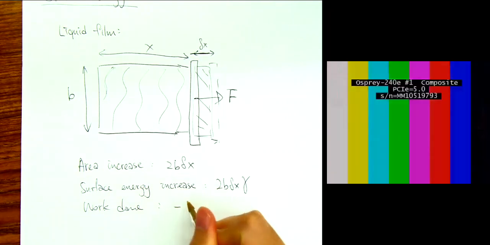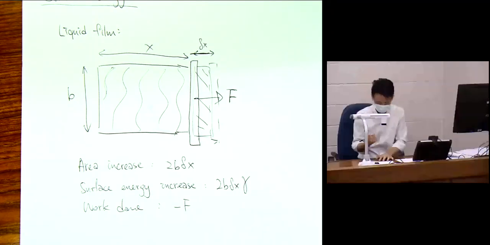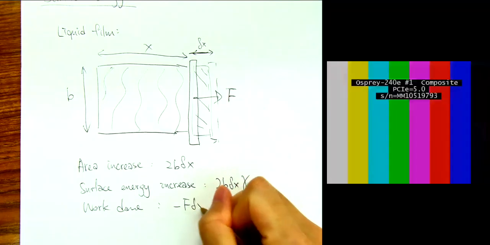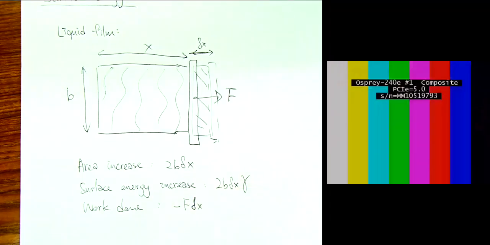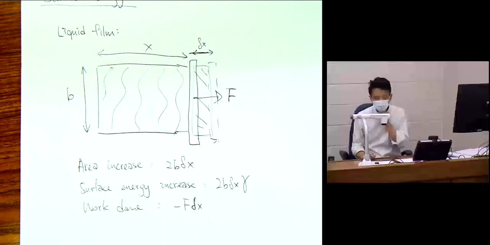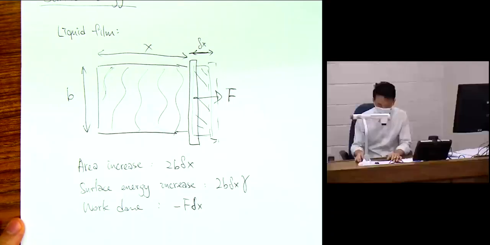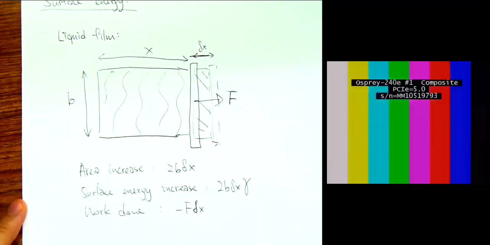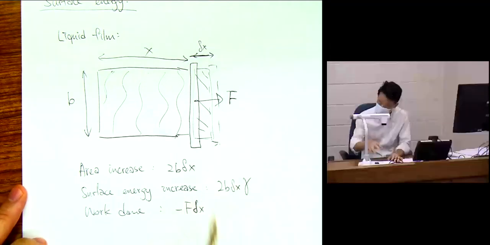Now in thermodynamics, when we say that there's work done to something, the convention is that this is a minus sign. The work done to a system, you put a negative sign in front of it, because that is the energy that is not part of the energy of the system before, of the soap film. So you put that energy into it.